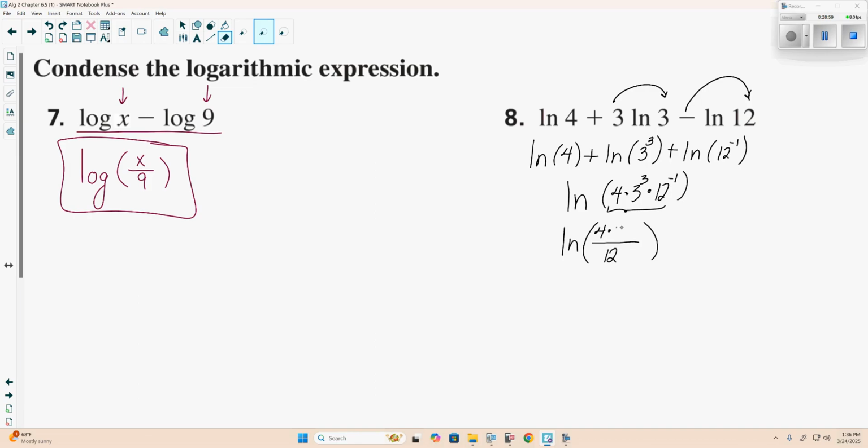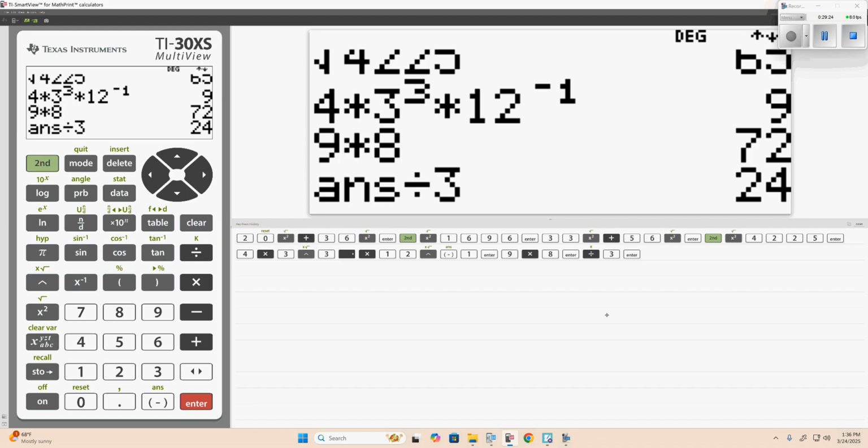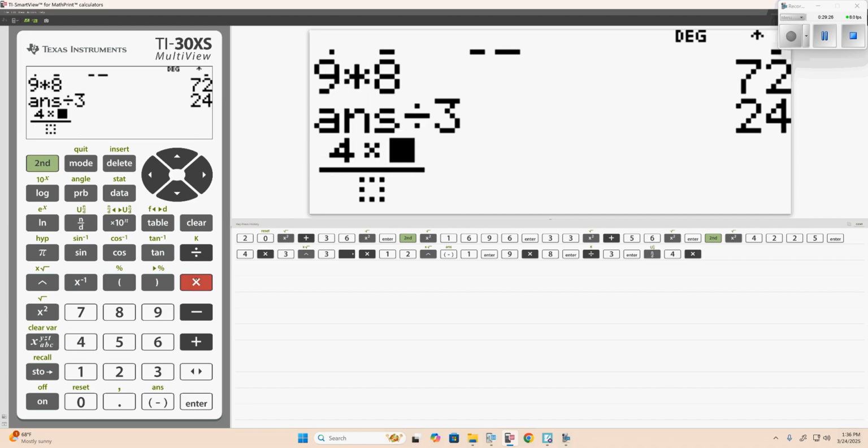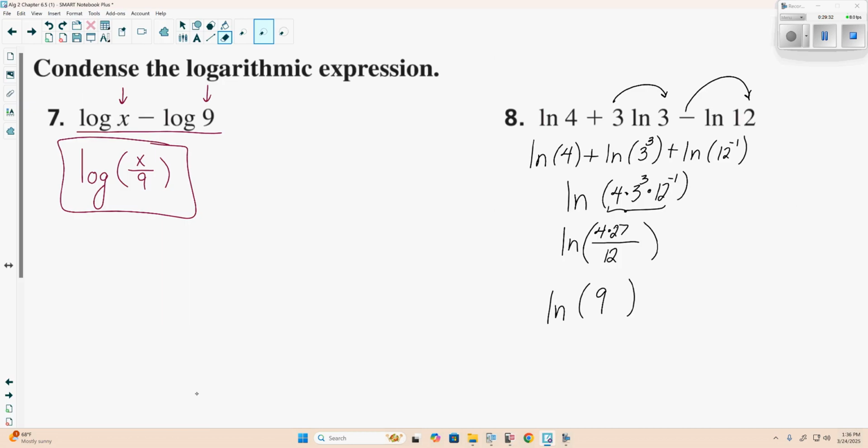On top, we have 4 times, well, 3 cubed is 27. And then we're simplifying this here. 3 ends up giving us the natural log of 9. Questions on any of this here?